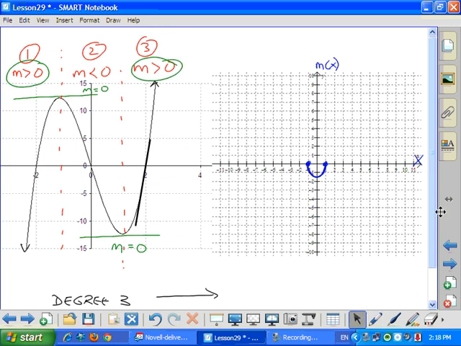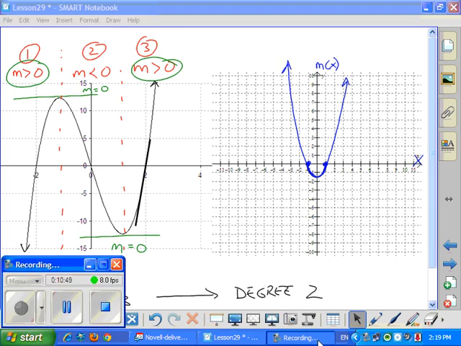It never crosses the x-axis again, so it must continue. And I know I've cheated on the shape a little bit there, but the result is now we have a degree 2 polynomial. So when we find the slope and plot the slopes, we are finding that the degree is 1 less. The graph that's produced is 1 degree less than its original graph.